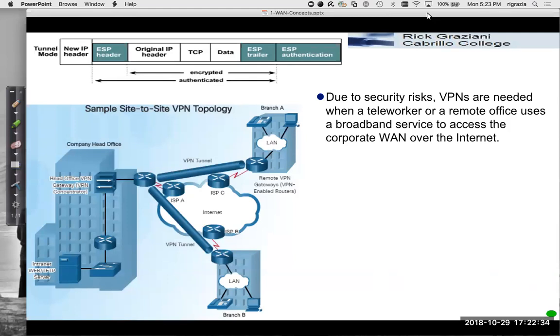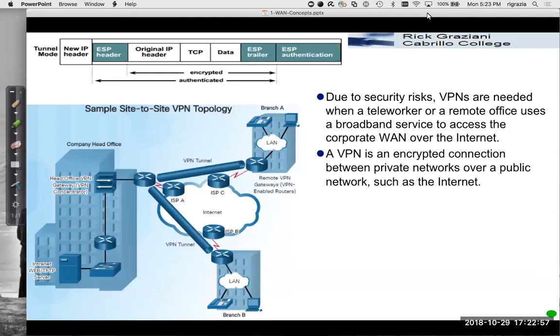I do some work on the side for Cisco and others, and when I'm communicating with them, it's always over a VPN connection to one of the head office sites that I can then connect to.